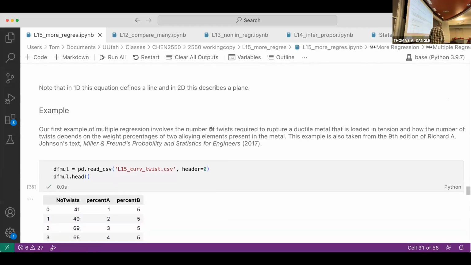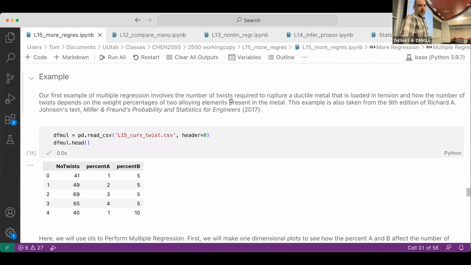So we'll look at this by way of an example, and we'll solve it using the OLS method for pandas data frames. We'll look at an example involving the number of twists required to rupture a ductile metal that's loaded in tension. And we want to know how the number of twists depends on the weight percentages of two alloying elements present in the metal.